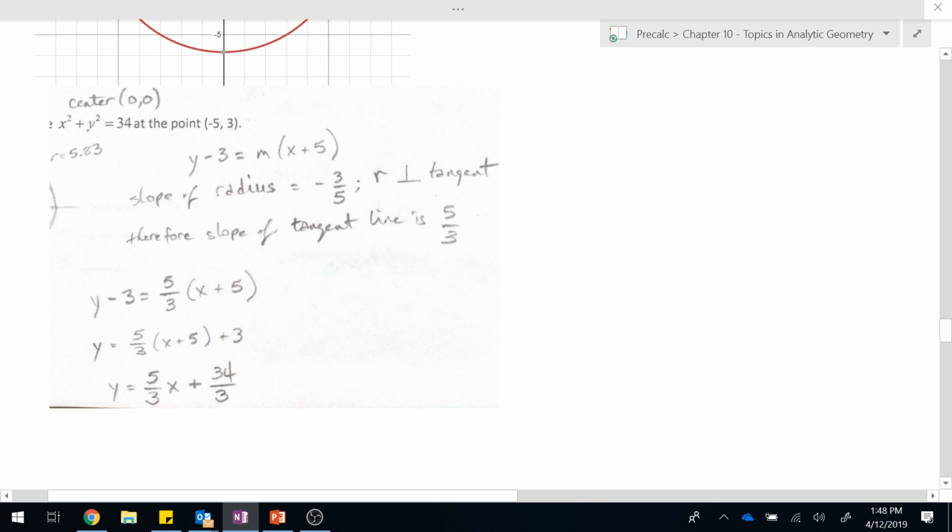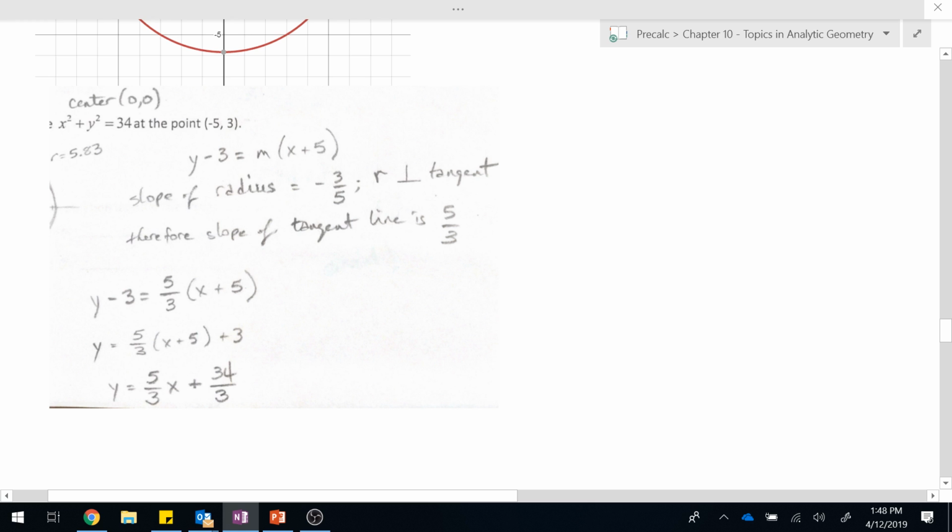You'd have y equals 5/3 x plus 34 over 3 is how that works out. You got it. Very good. But this was kind of like next level, you know. So it was challenging, but not out of reach.